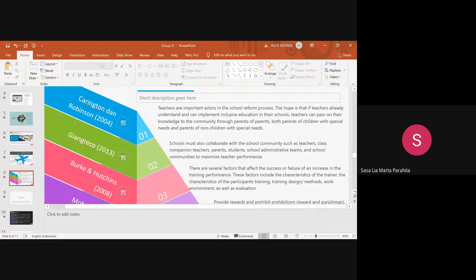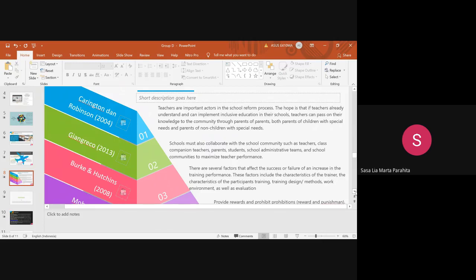Teachers are important actors in the school reform process. The hope is that if teachers already understand and can implement inclusive education in their schools, teachers can pass on their knowledge to the community through parents, both parents of children with special needs or parents of children without special needs.